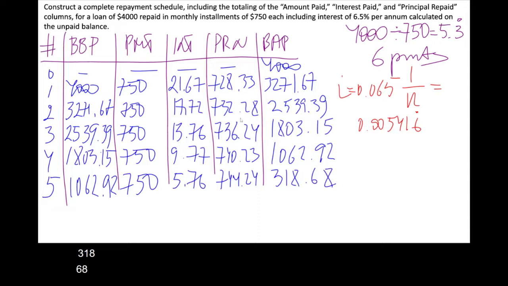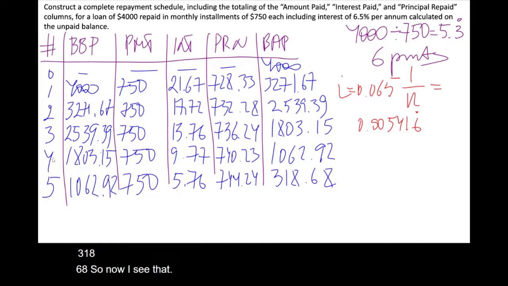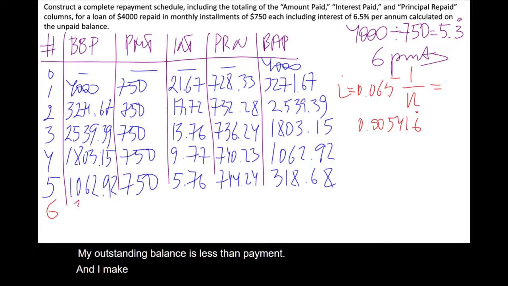So now I see that my outstanding balance is less than the payment, and I use a different algorithm. So 318.68. Here the payment has to be calculated.